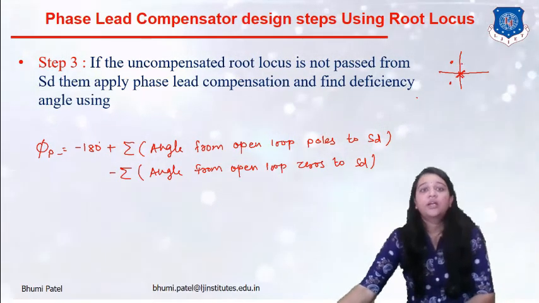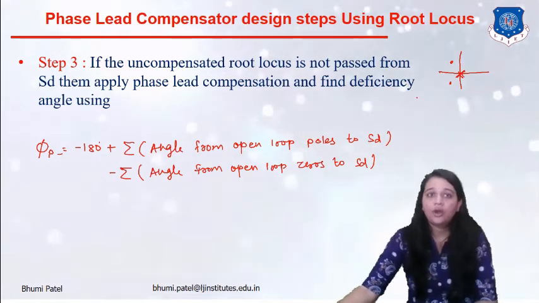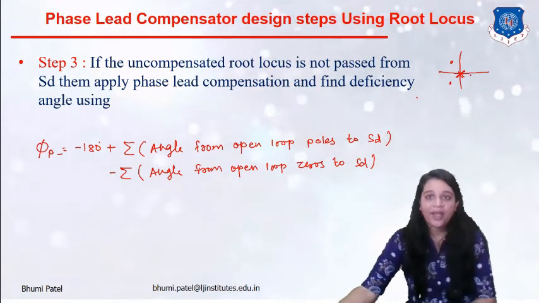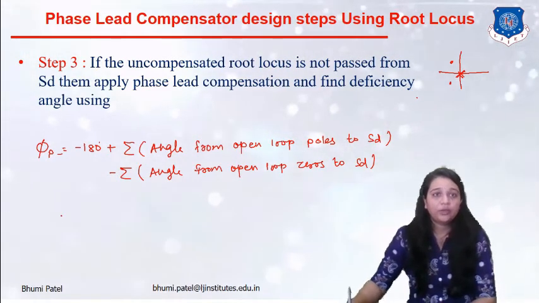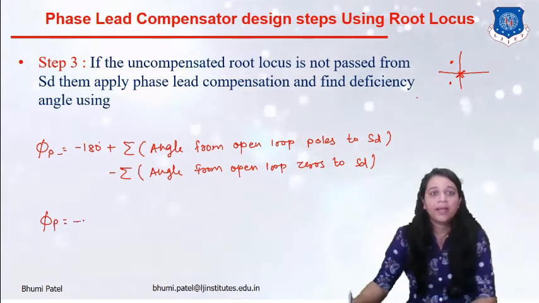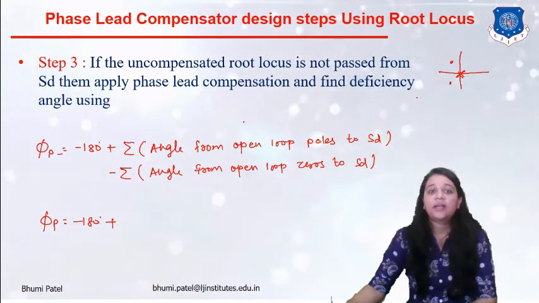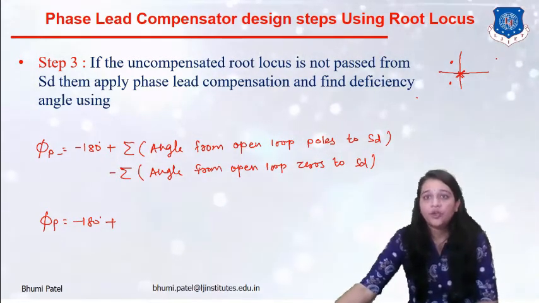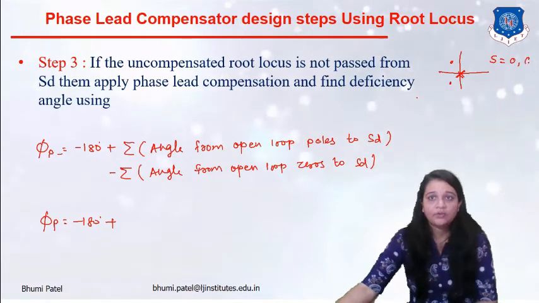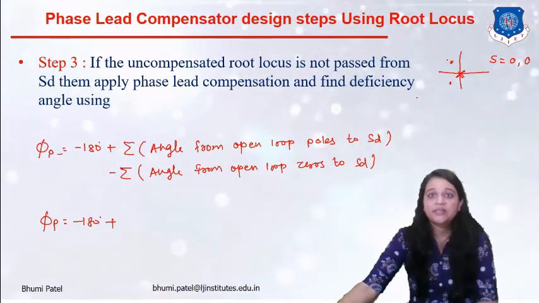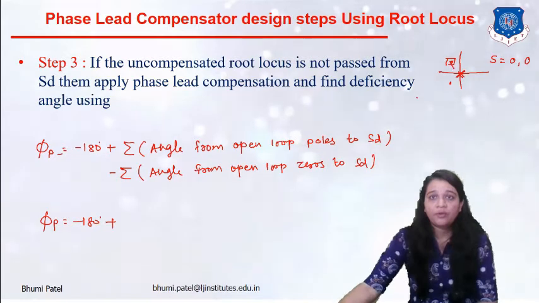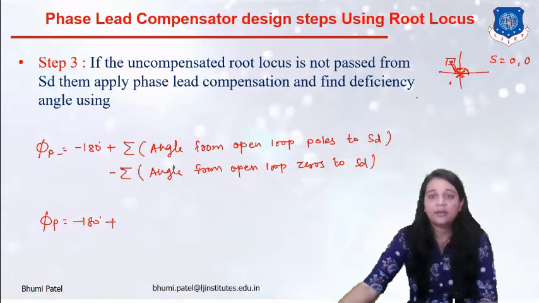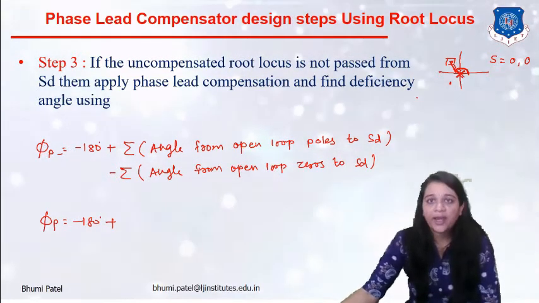So the uncompensated root locus does not pass through the s_d point, that's why we have to find the angle phi p. So phi p is equal to minus 180 plus the angle from the open loop poles to s_d. The value of the open loop pole is s is equal to 0, s is equal to 0. Suppose this is my s_d point, so we have to draw the line from the pole to s_d and find out this angle.